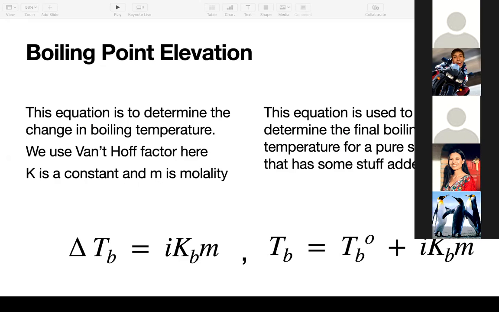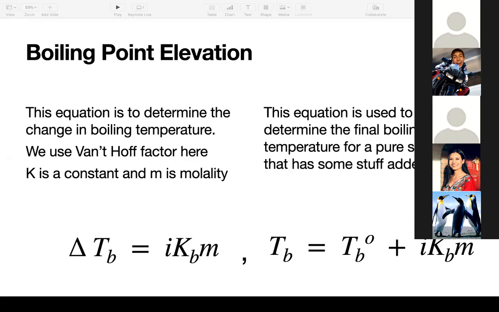Using that change in boiling point, we can plug it into this second equation to determine the final boiling point of a pure substance that has some stuff added into it. So our boiling point temperature is equal to the boiling point temperature of the pure substance plus i Kb m, or plus the change in boiling point.